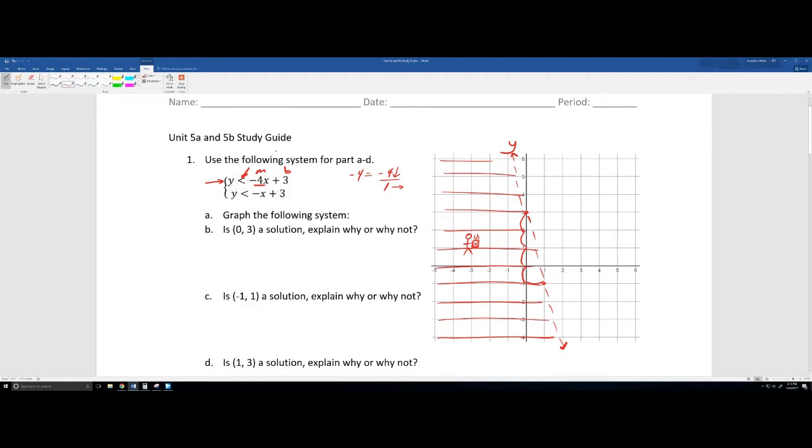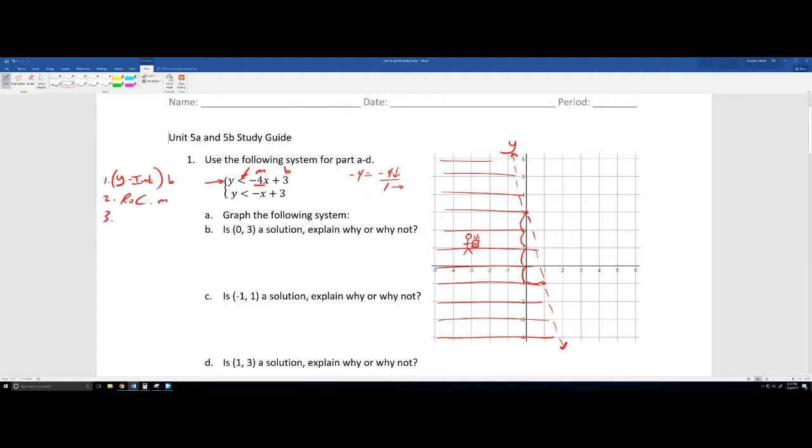So again, let's talk about the methodology. I just want to make sure you get that. Okay, so again, what's your y-intercept when you're graphing? That's the first thing you look at, your b. Second, your rate of change, that's your m, your slope.